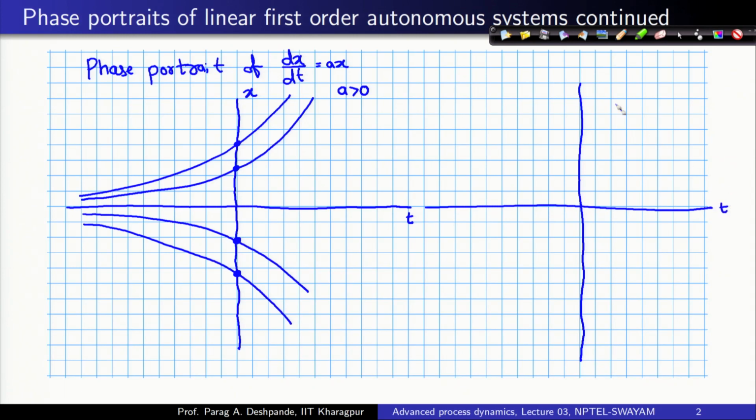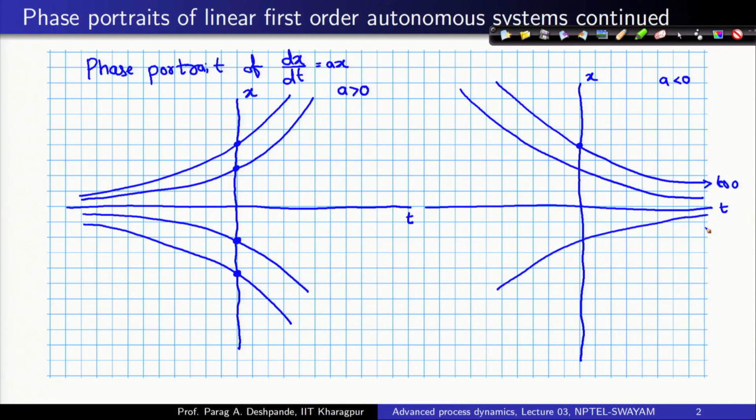This is t, this is x. For a less than 0, if you start with a particular initial condition, then what is going to happen is that you will exponentially go to 0, and all of this will tend to 0 with different initial conditions.